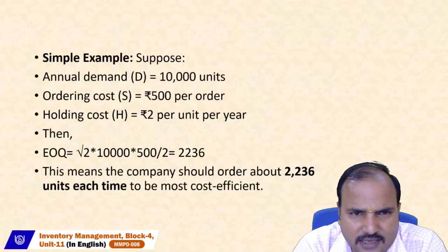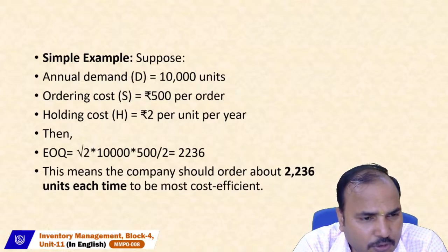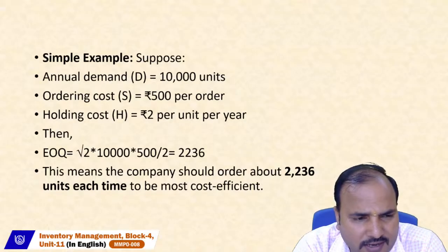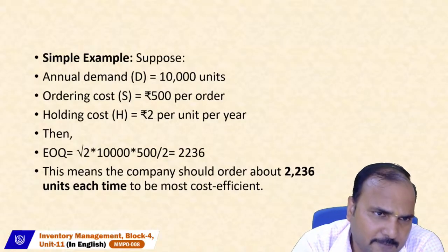Suppose annual demand is 10,000 units, ordering cost S is 500 per order, holding cost H is 2 per unit per year. Then EOQ is the square root of 2 into 10,000 into 500 divided by 2, that will be 2,236. This means the company should order about 2,236 units each time to be most cost efficient.